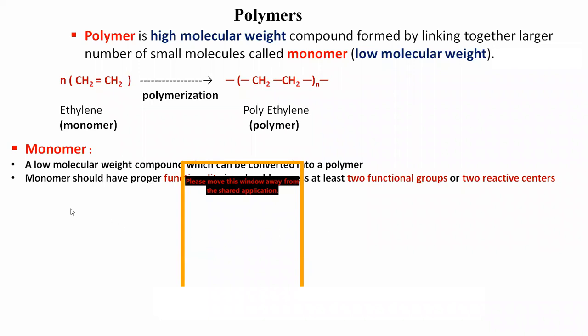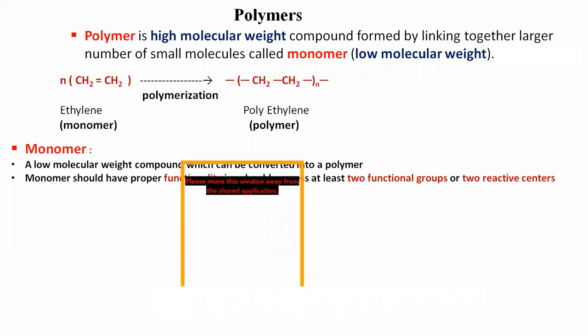Now, the basic condition: a monomer should have proper functionality. It should have the proper functional group. And what is functionality? A monomer should possess at least two functional groups or two reactive centers. This is the basic condition. Only those are called monomers. All organic molecules cannot be monomers, cannot be polymerized.